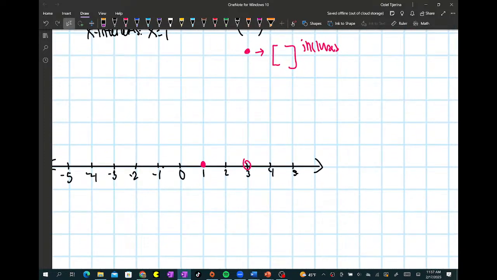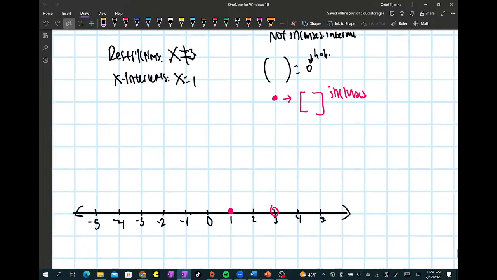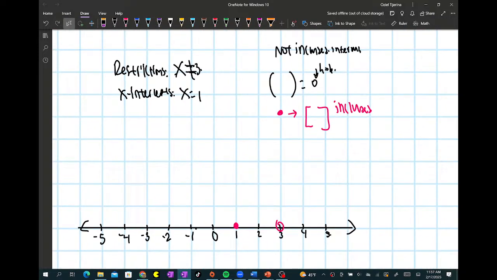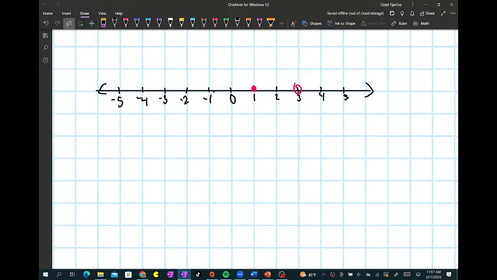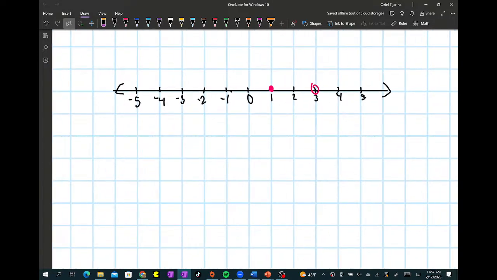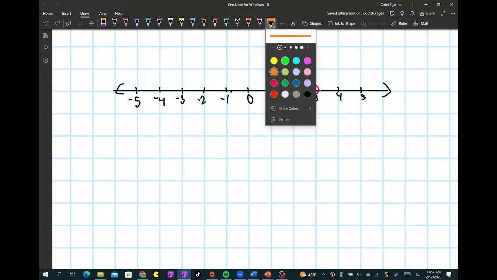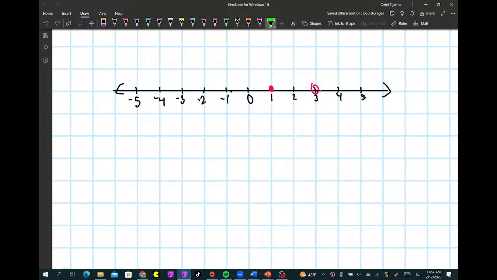The x-intercepts are just x equals 1. So now the idea here is we want to list the values at which you're going to do your test intervals.